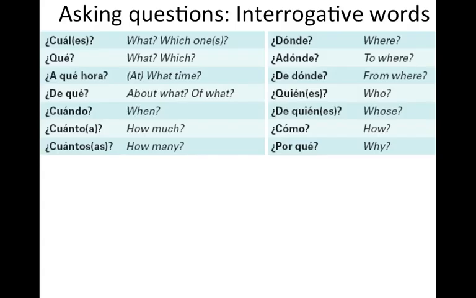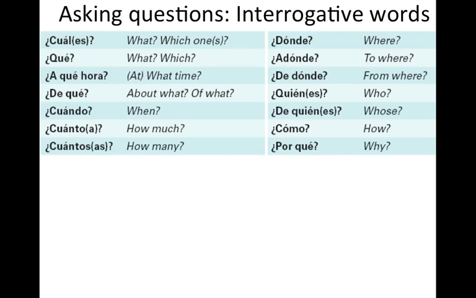So maybe those little tricks will help you remember the question words, but let's just say them and have a look at their significance in English. Repitan. ¿Cuál? ¿Cuáles? ¿Qué? ¿A qué hora? ¿De qué?